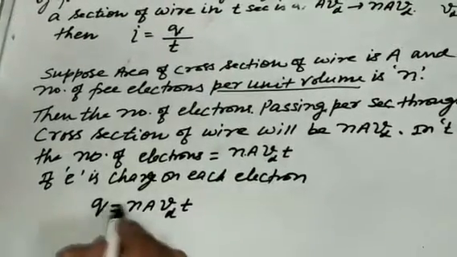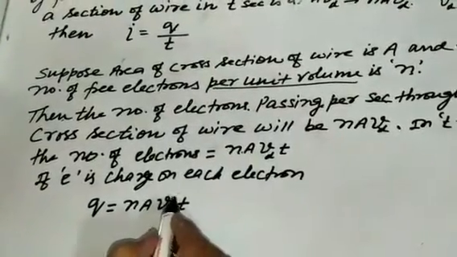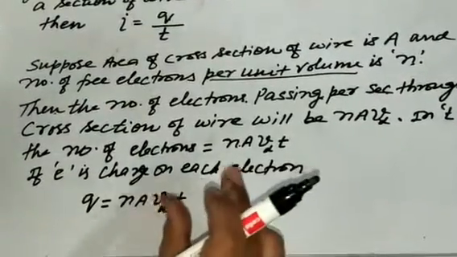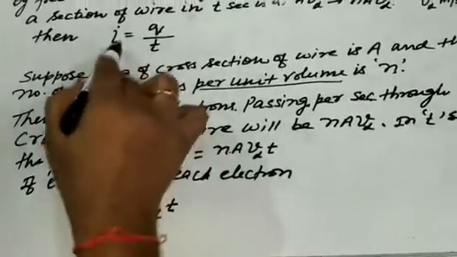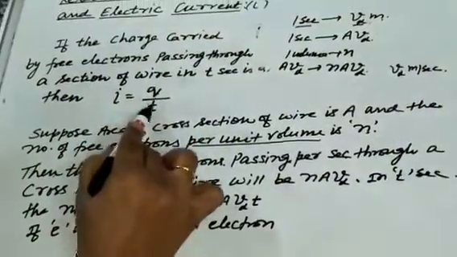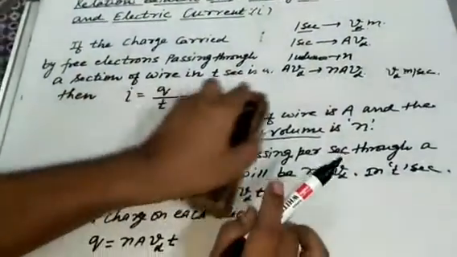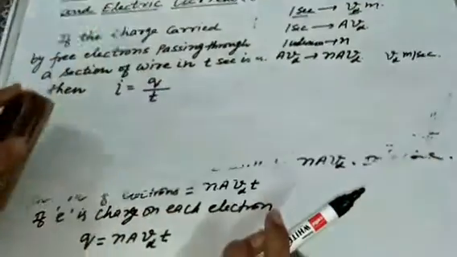This is the amount of charge passing through that conductor through any cross section in time t second. And from the equation I is equal to q by t, now we can calculate the current through the conductor.